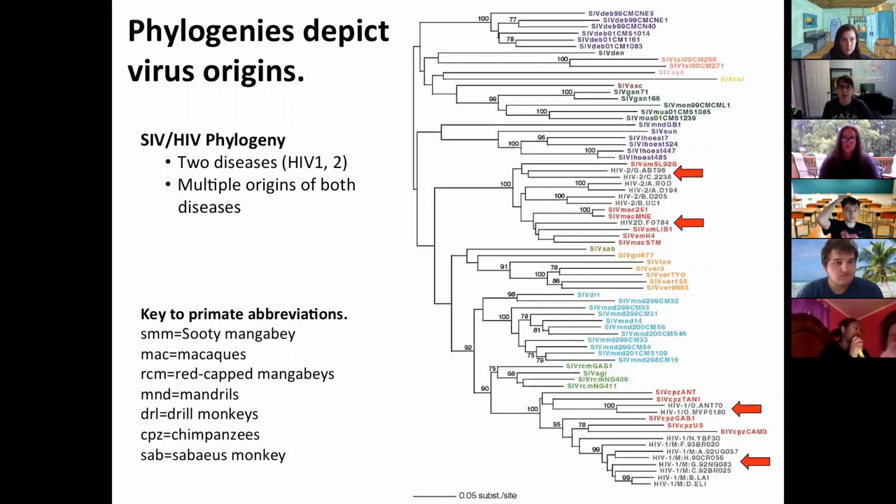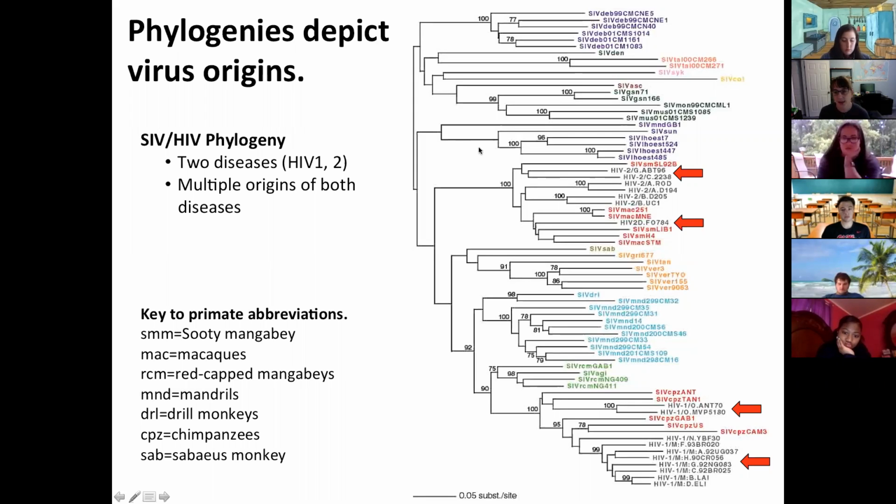You can see on this phylogeny, this is a phylogeny of viruses called simian immunodeficiency viruses that come from primates. The way they've labeled these is that every tip is an individual virus from one species of primate. If it says SIV, that's simian, meaning it's from a primate. If it says HIV, that means it's from a human.